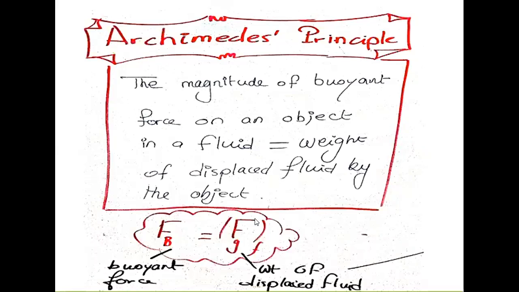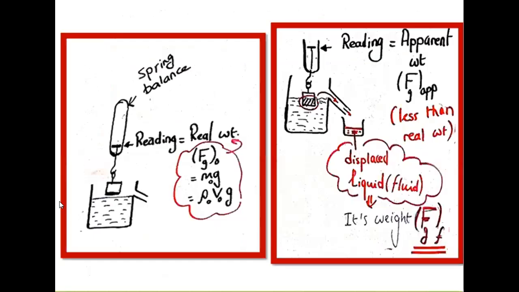It means if you want to find the buoyant force of an object, put it in a displacement can, as the one that we showed here, and collect the displaced liquid after the object is balanced. Put it on a balance and find its weight. This weight equals the buoyant force.